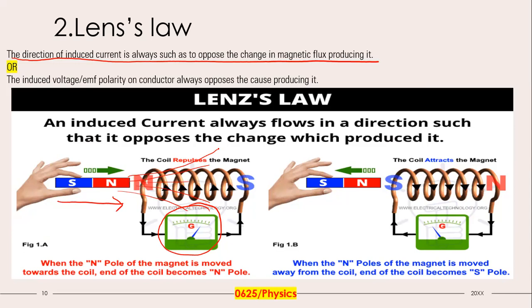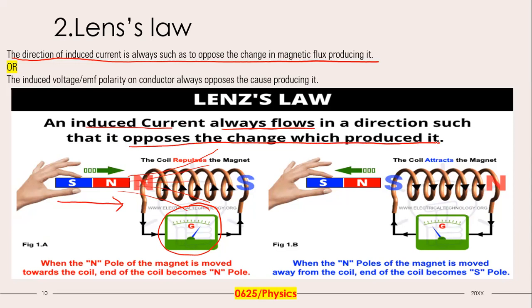So this coil, in which the current is produced, becomes a magnet. So it will have two poles, north and south. In order to know which side is north and which side is south, we will use Lenz's law. Lenz's law tells us that the induced current in the coil always flows in a direction such that it opposes the change producing it.